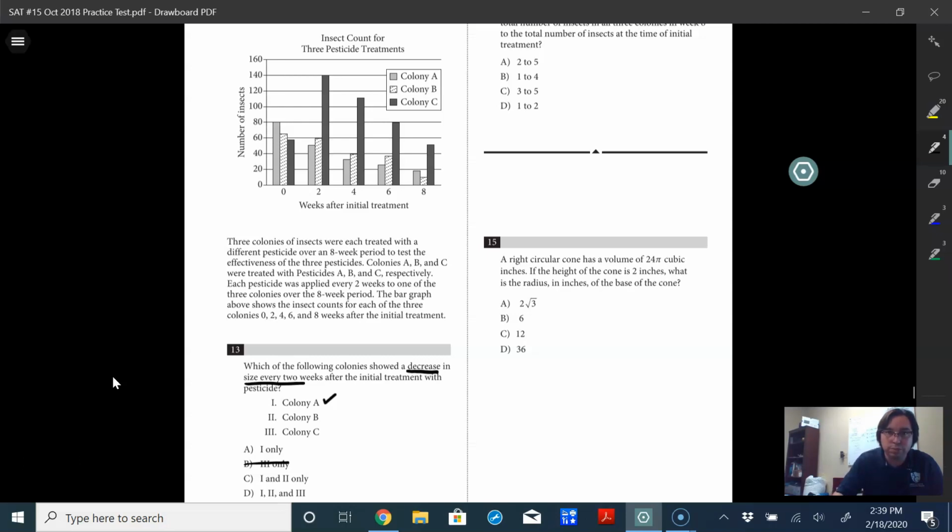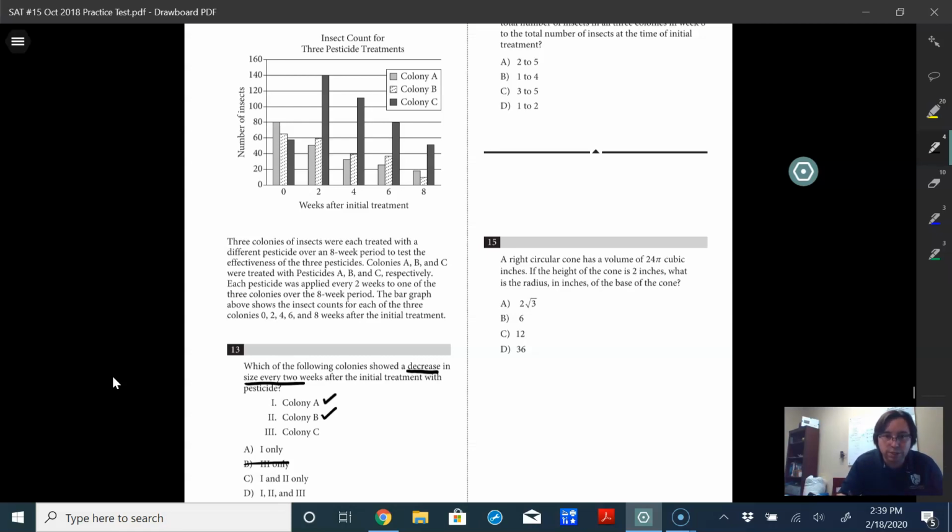So let's look at colony B now. Colony B is represented by the speckled bar chart. So it's here, and it slightly drops here, then there's a big drop, and then you see this one is on the line of 40, and then this one is below the line of 40. So you kind of have to expect this one a little bit closer, and then down here. So obviously, okay, B is good too.